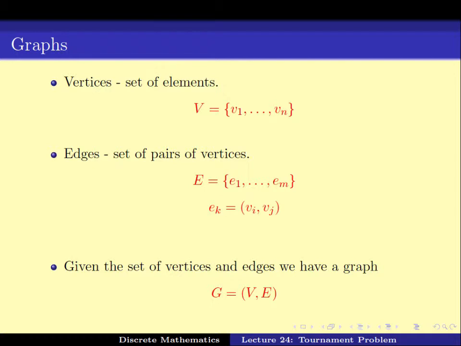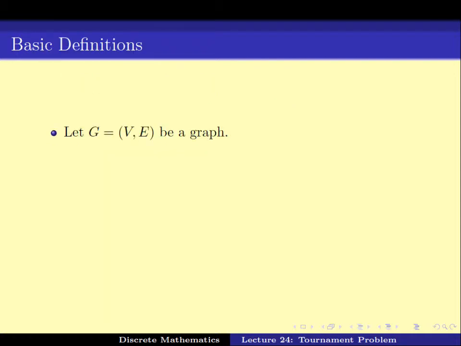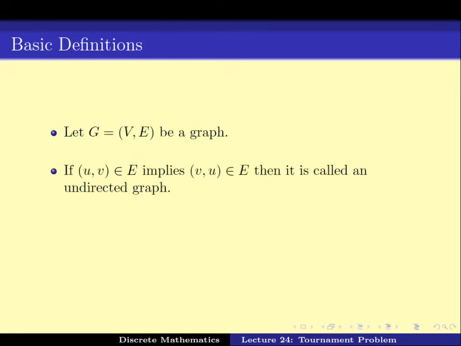Now there are some basic definitions. If (u, v) is in the edge set implies (v, u) is in the edge set, in other words, the relationship is symmetric, we call it an undirected graph.